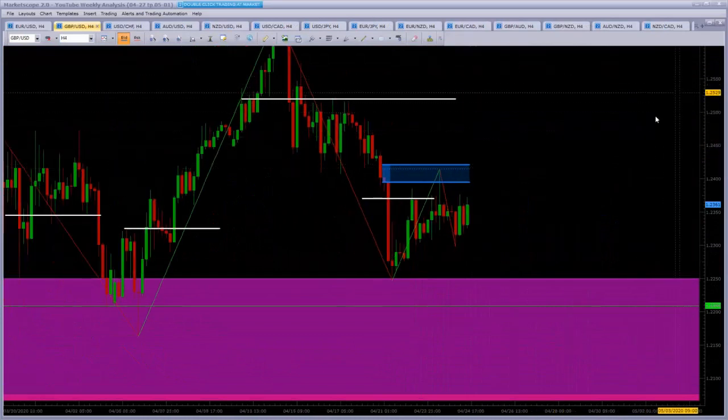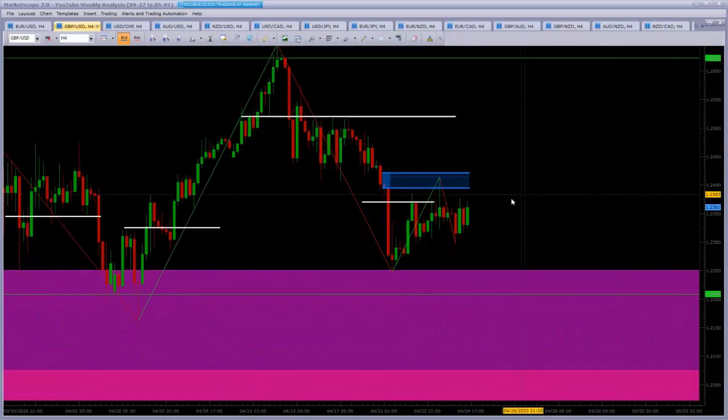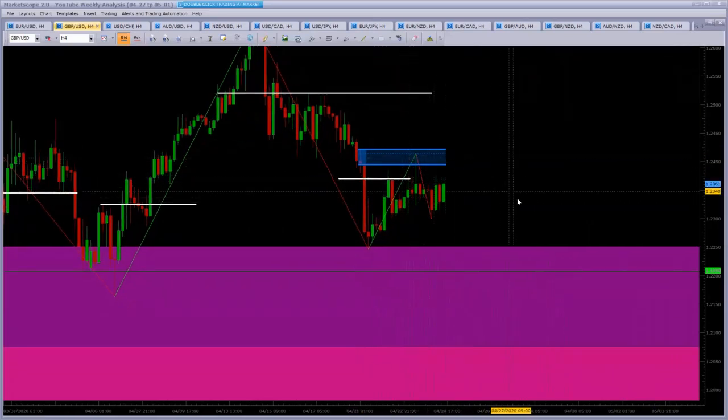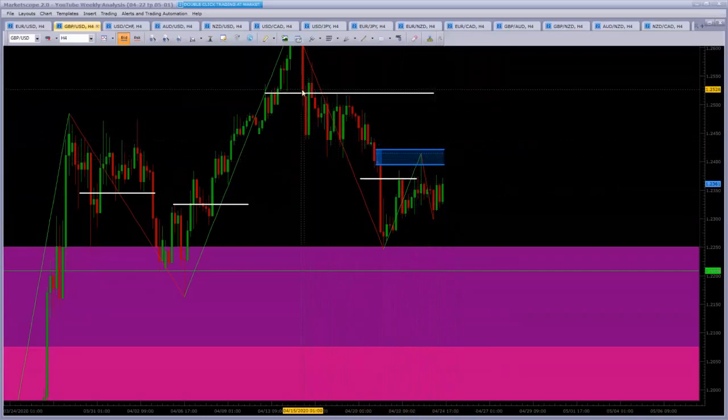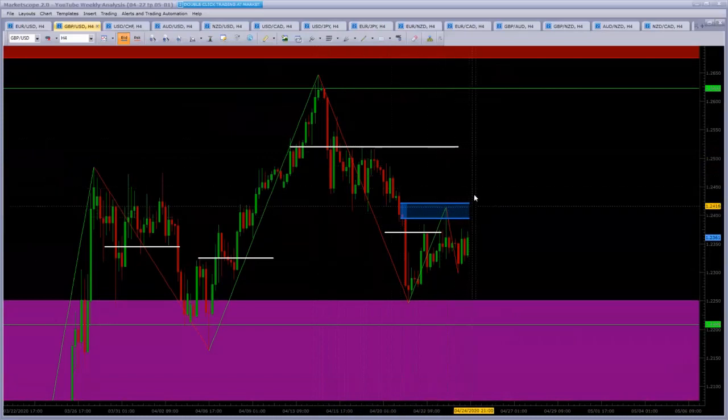smaller level. As you can see, there was a 4 hour level right there that it reacted really well to, and it came back down. But even if it breaks this big 124 right here, there's so much junk in here that it doesn't really give you that big confidence to say, hey, we're going long on this pound.